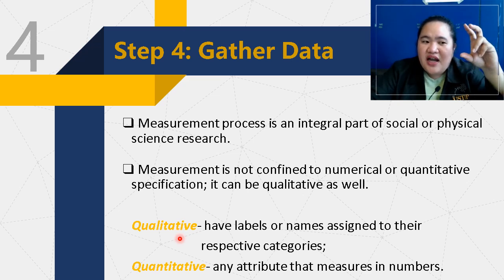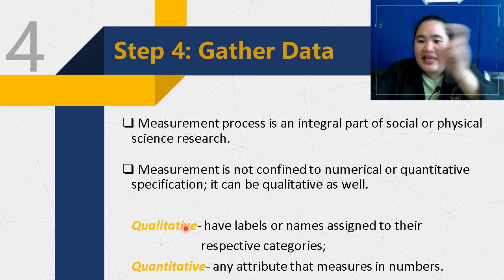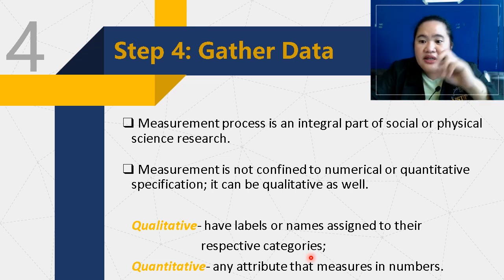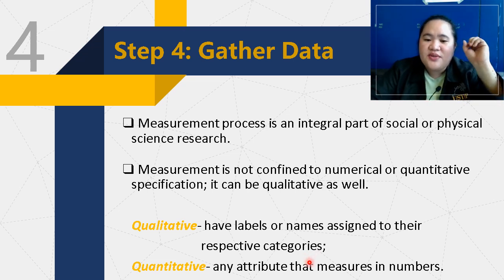For example, the color of water: you're going to see that the water is dark brown, yellowish, greenish, or clear. That's qualitative, meaning there are labels, names, and respective categories. So, for example, the color of the water.